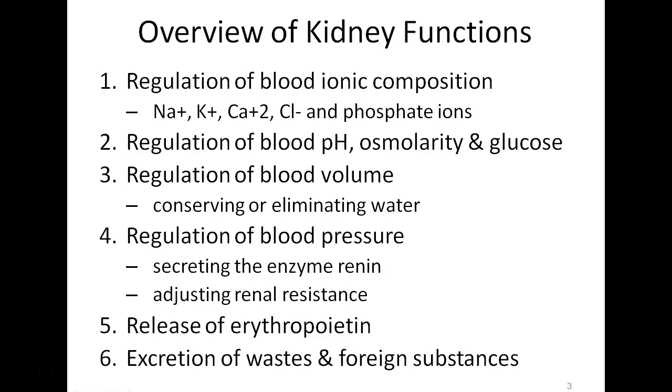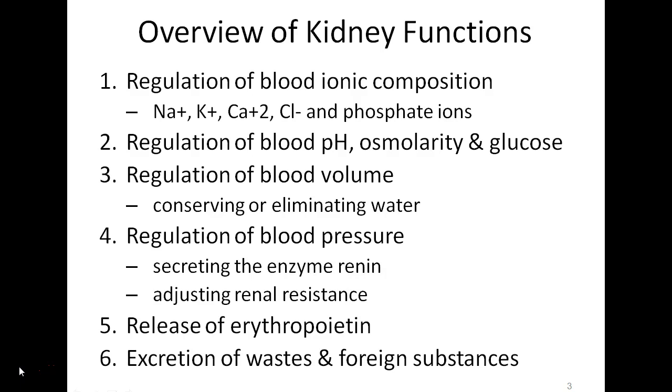Another function for these kidneys in our human body is the release of erythropoietin. We might recall that we discussed this hormone earlier when we discussed the blood in the human body.